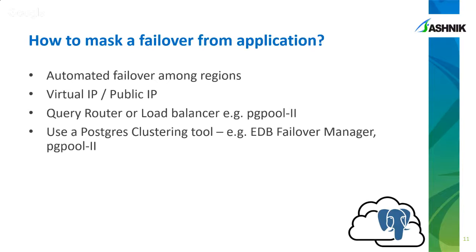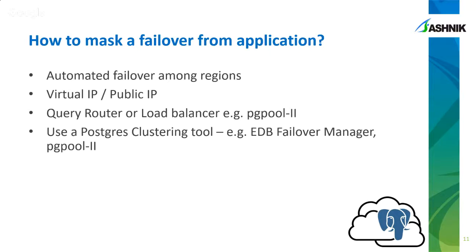If the EC2 machine, or the database instance, goes down for some reason, that should not have an impact on the availability of database services to the application, and it should be very much transparent to the application. Now, that can be achieved by automated failover among availability zones or regions. You can use a virtual IP, or in terms of Amazon, you can use a public IP that allows you to route traffic to a specific machine.